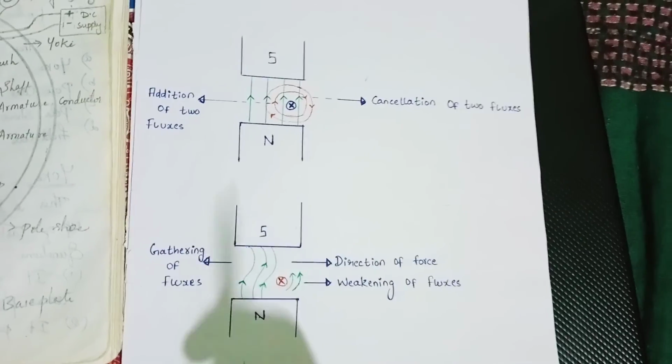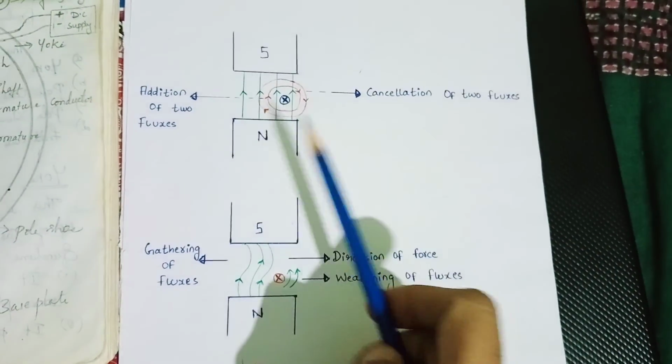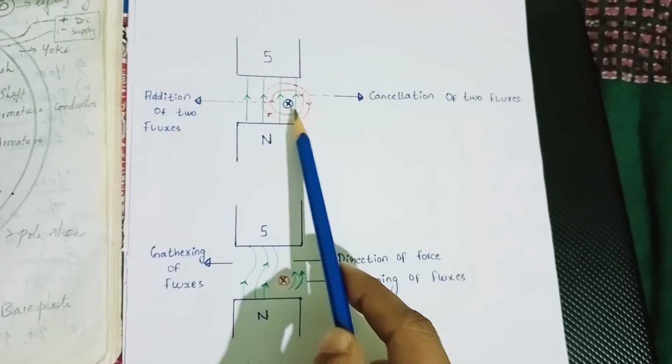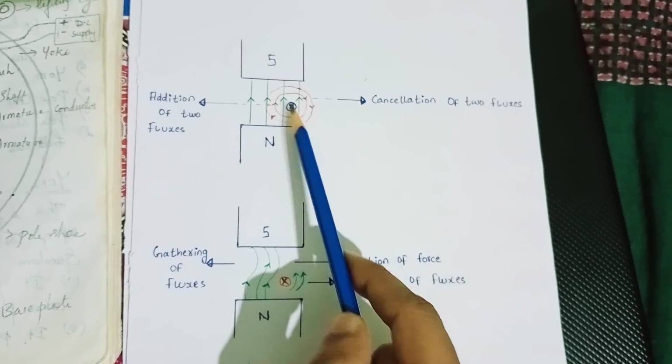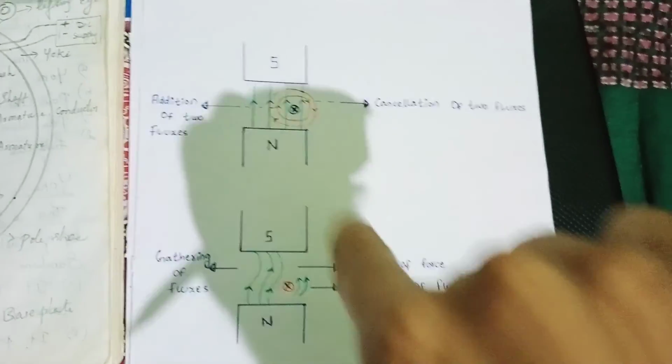Now we have a conductor, right? We have a conductor which is placed between a magnet's north and south pole. Here is the conductor carrying current inwards.